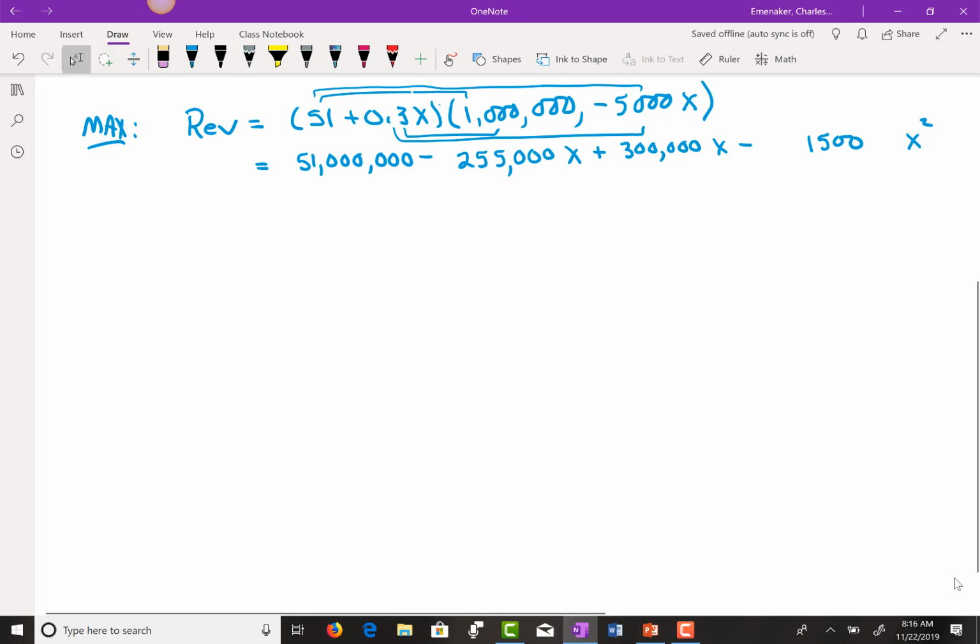Okay, the revenue function in terms of x is going to be this negative 1,500 x squared. That has that taken care of. We have 300,000 minus 255,000, which is going to give us plus 45,000 x plus 51 million.